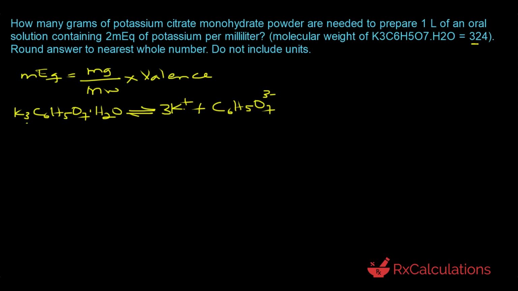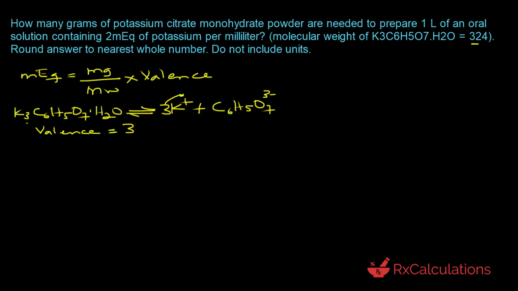And so the valence would be the absolute charge on either the cation, which would be 3 times +1, which is +3 or 3, or the absolute of the charge on the anion, which would be the absolute of -3, which is 3. And so regardless of which one you choose, the valence is going to be equal to 3.